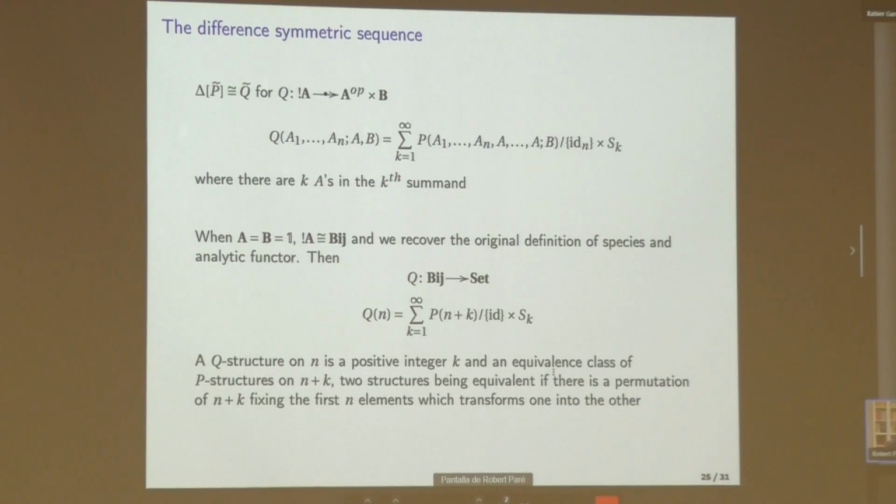So a Q structure on n is a positive integer k, and then an equivalence class of P structures on n plus k, and two structures are equivalent if there's a permutation of n plus k that fixes the first n elements and transforms one of the structures into the other. So that's what this is. So people who know about the derivatives of analytic functors, you'll see that that corresponds to just the case k equals 1 here.